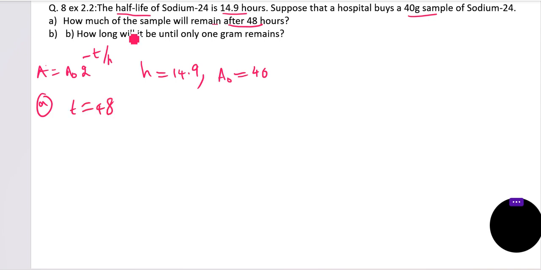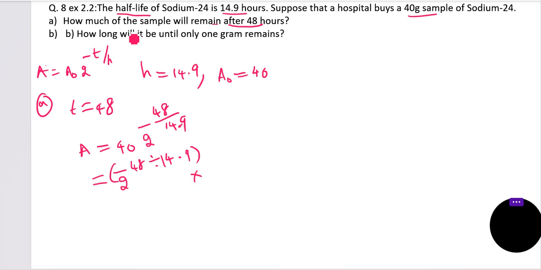Given t is 48 hours. So let us substitute: A naught is 40, 2 power minus t, which is 48, over h, which is 14.9. We do this with the calculator: 2 power minus 48 divide 14.9, multiply by 40. That gives the amount after 48 hours.